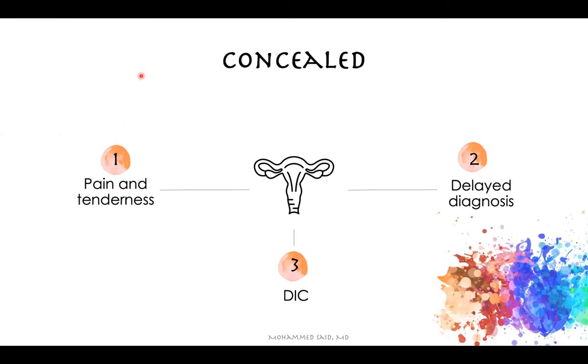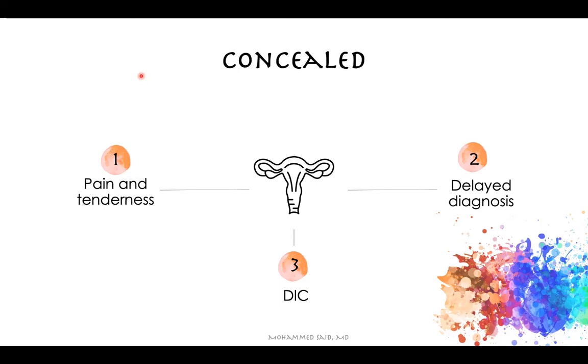And then the second type is the concealed. So with the concealed abruption, patients may have the pain and tenderness. And the problem with the concealed is, first, because the hematoma is going to increase the intervillous pressure, the pressure inside the placental vessels.